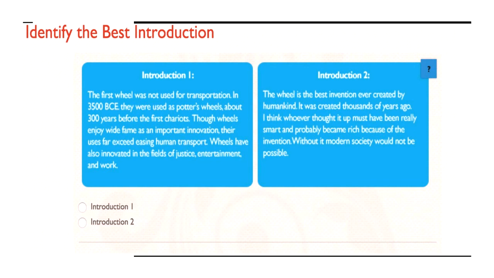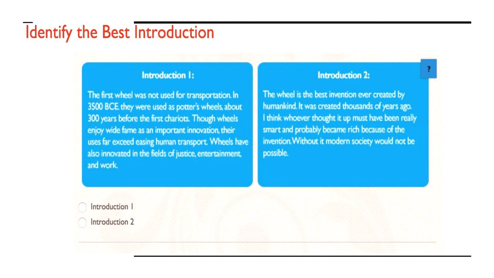Wheels have also innovated in the fields of justice, entertainment, and work. Introduction 2: The wheel is the best invention ever created by humankind. It was created thousands of years ago. I think whoever thought it up must have been really smart and probably became rich because of the invention. Without it, modern society would not be possible.